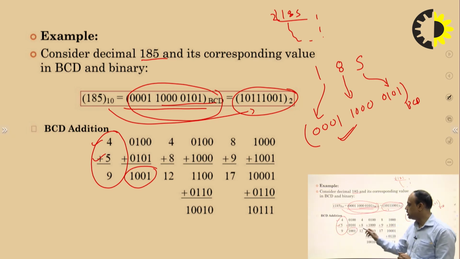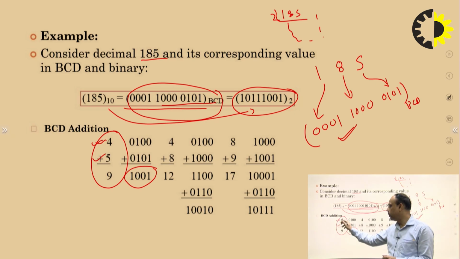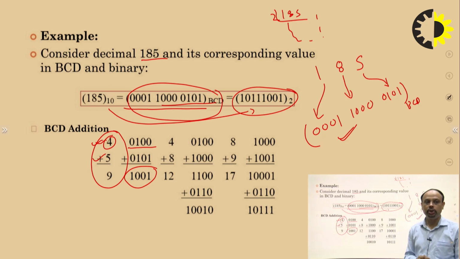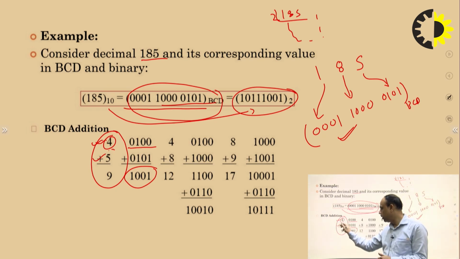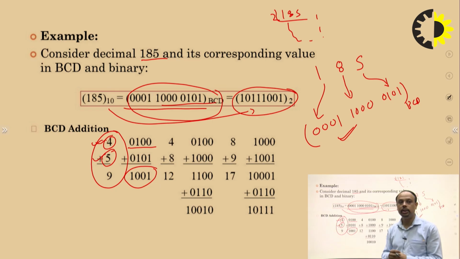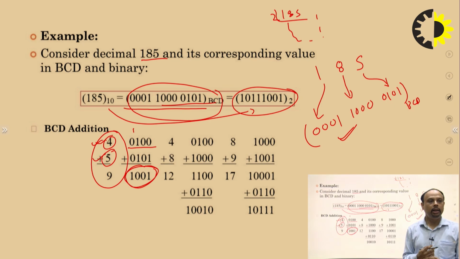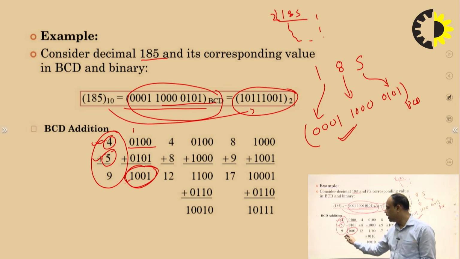As you can see over here, this is decimal number 4, which is represented in 4 bits as 0100, and decimal number 5, which is represented as 0101. So the sum is 1001, that is 9, which we can easily represent in BCD. So there is no need for any correction. The result is as it is.